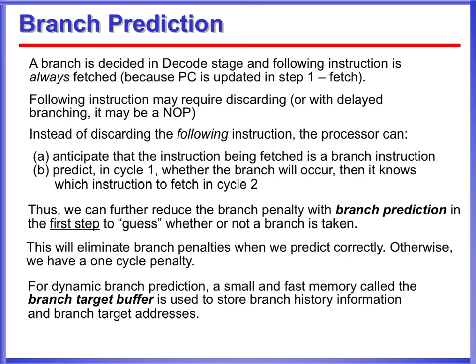So I know right away, in step one, that it's a branch instruction. I don't have to decode it. Then I look at these other bits to say, for this instruction, I should predict that the branch will be taken or not taken.